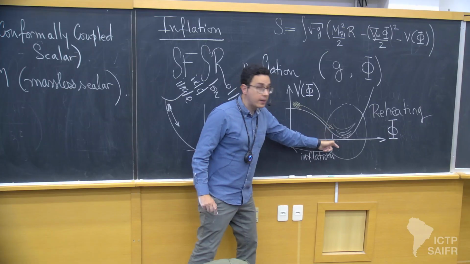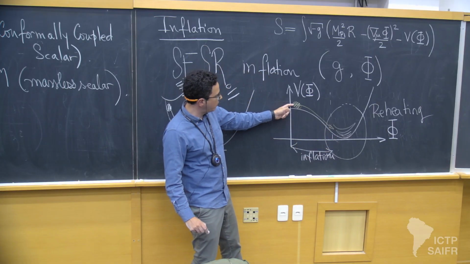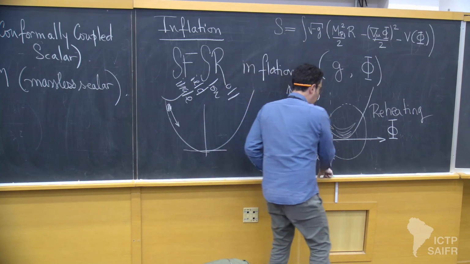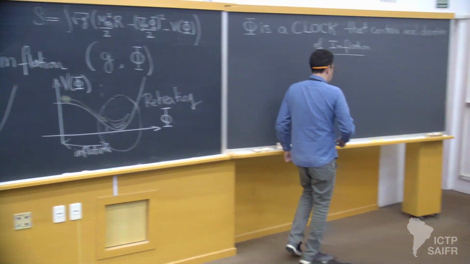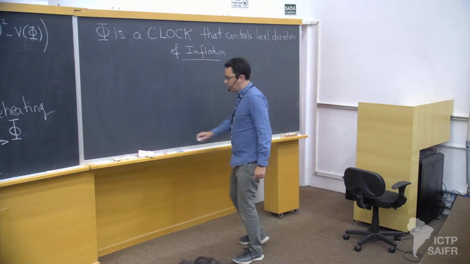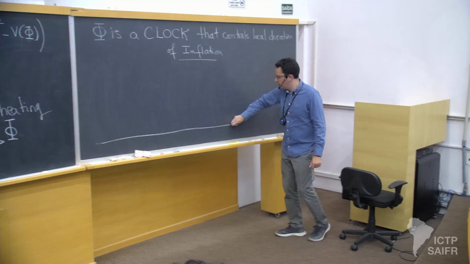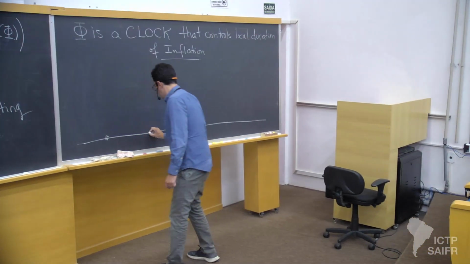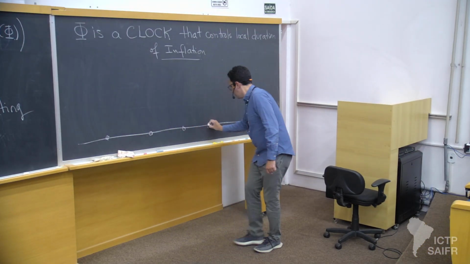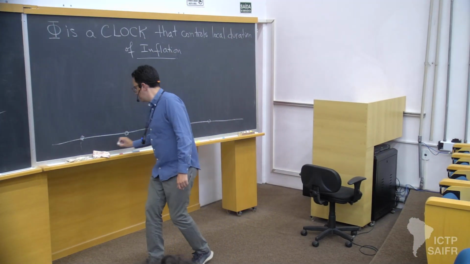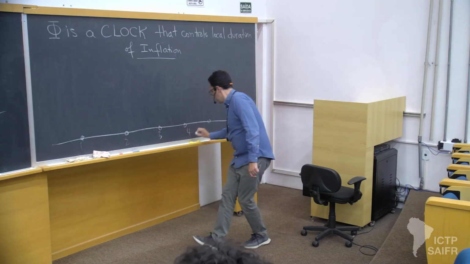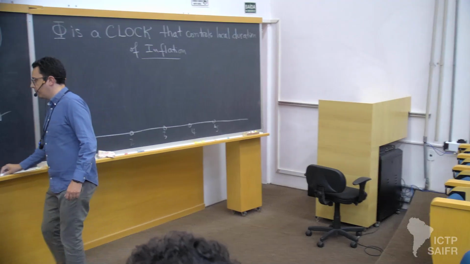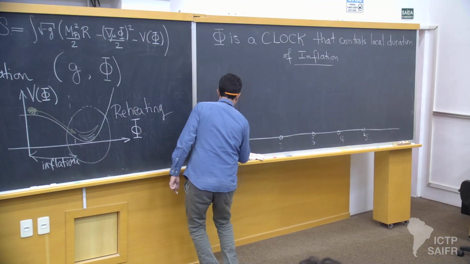There is only one classical history. The scalar field rolls down and hits here. So this is inflation. You could imagine that I start on some slice here, and I keep track of a bunch of points on this slice, 1, 2, 3, 4, 5. Then each one of them undergoes the same history, controlled by this clock phi.